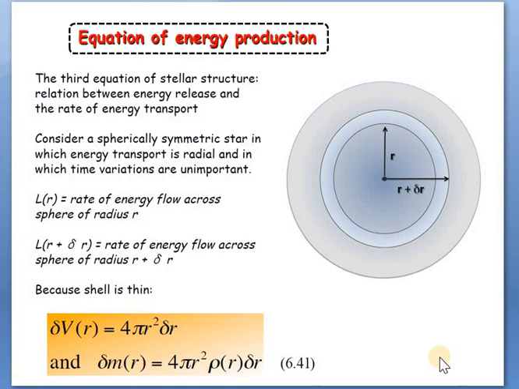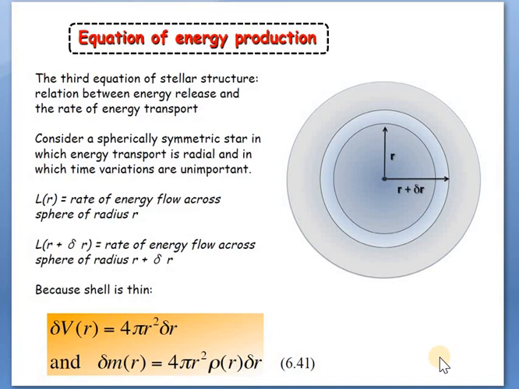Okay, now the third equation, which is the equation of energy production. Now this relates the energy release and the rate of energy transport. I will talk about transport more in later lectures.